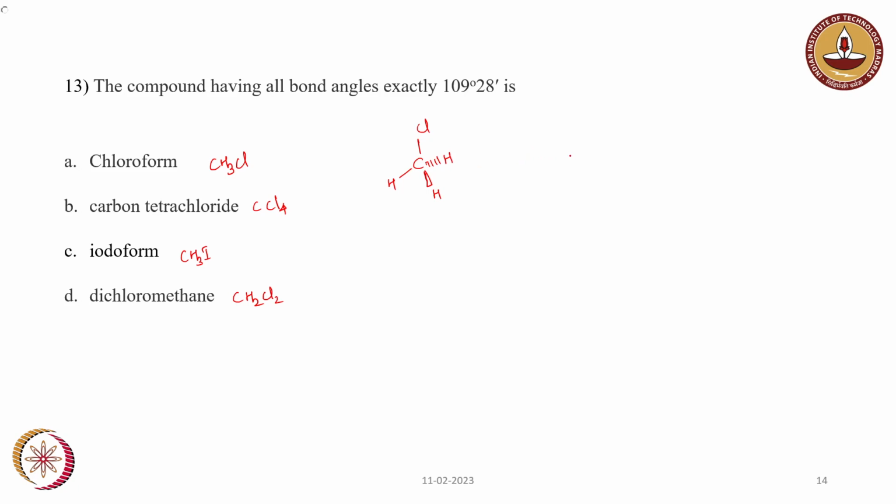Carbon tetrachloride is C with all 4 bonds to chlorine. Iodoform has one bond with iodine and others with hydrogen. And dichloromethane has carbon, 2 chlorine and 2 hydrogen.